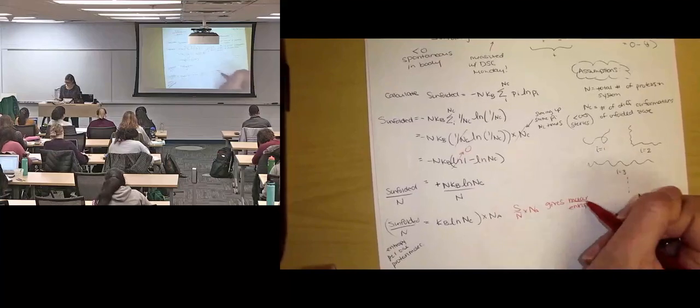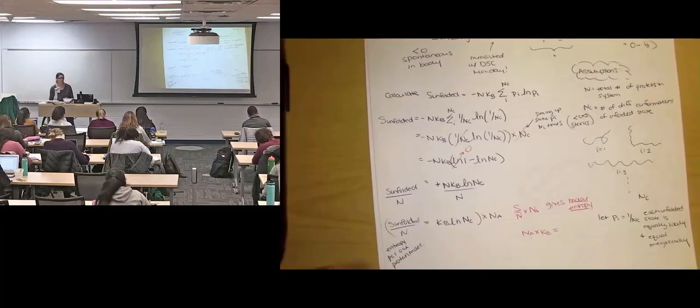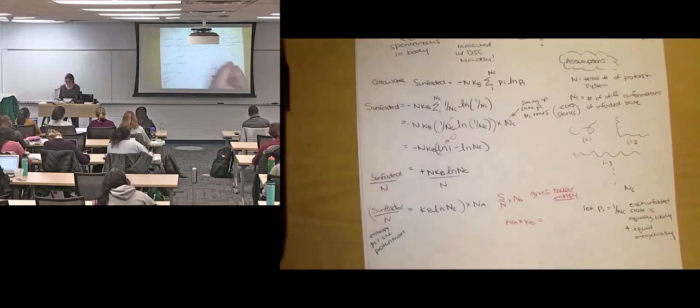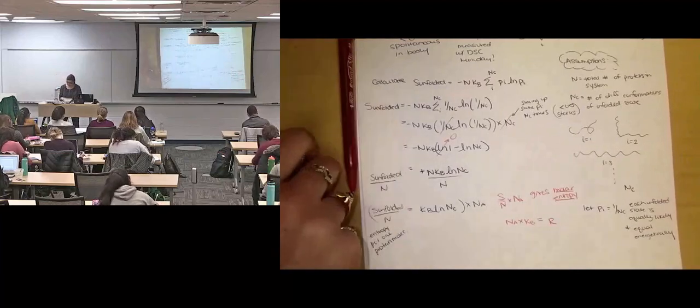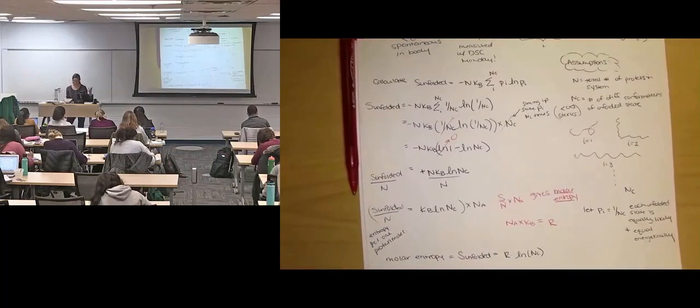I'm just converting number of protein molecules to moles. When I multiply Boltzmann's constant by Avogadro, what am I going to get? R, the gas constant, lovely. So now I have the molar entropy for the unfolded state is equal to R times the natural log of the number of different ways I can be unfolded.